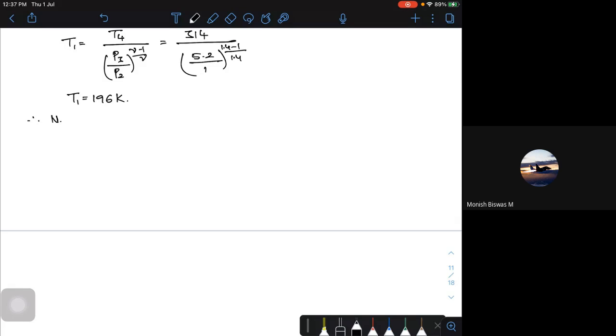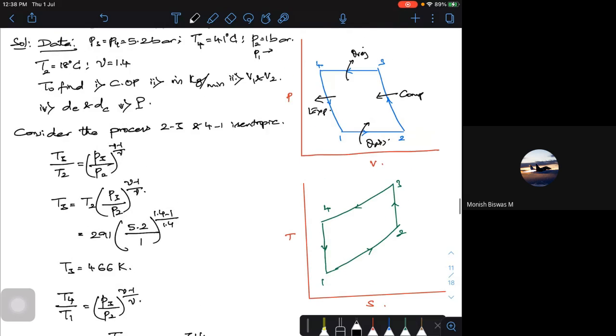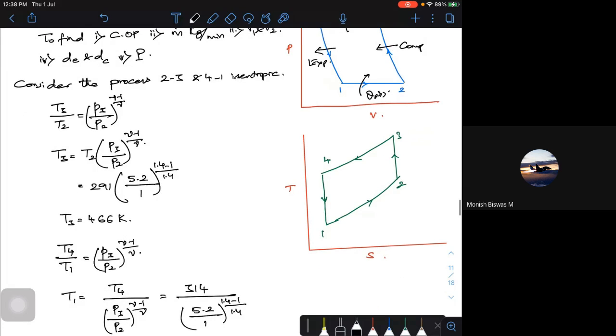net work done is equal to compressor work minus expansion work. What is your compressor work? If you go back and see, it is H3 minus H2. What is your expander work?